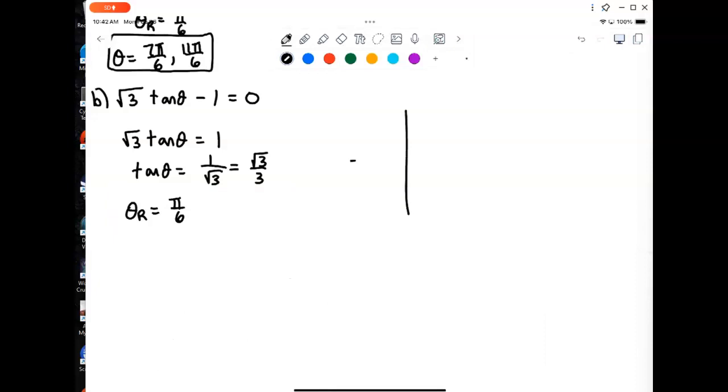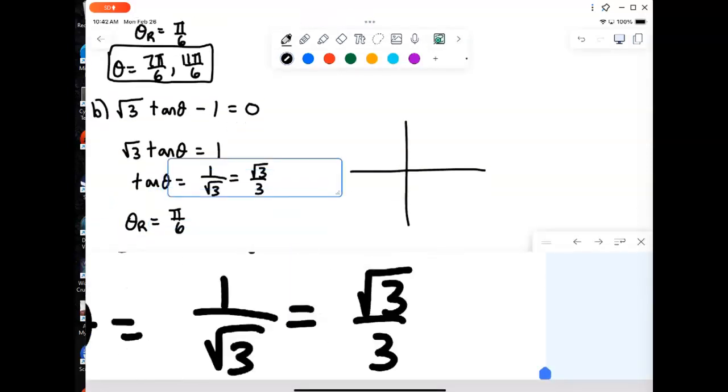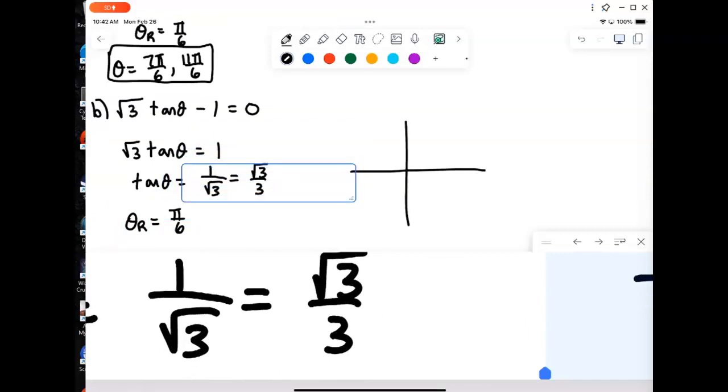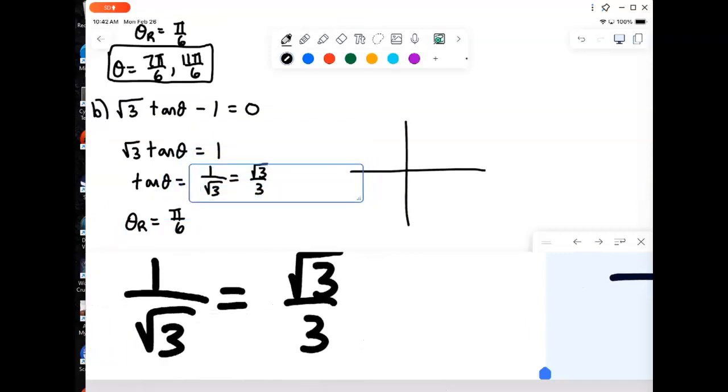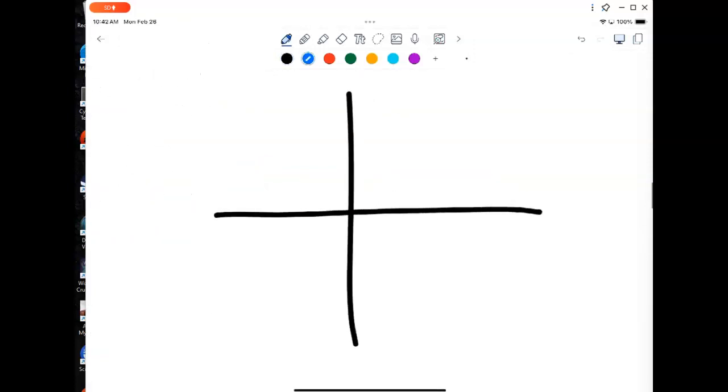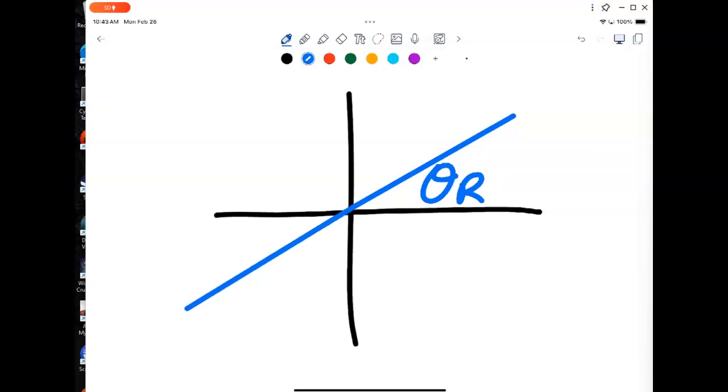Then we take that pi over 6 angle and put it into the quadrants where tangent is positive, because we're equal to positive 1 over square root of 3, or square root of 3 over 3. So remember, All Students Take. We'll put it in the first quadrant, and also in the third quadrant.